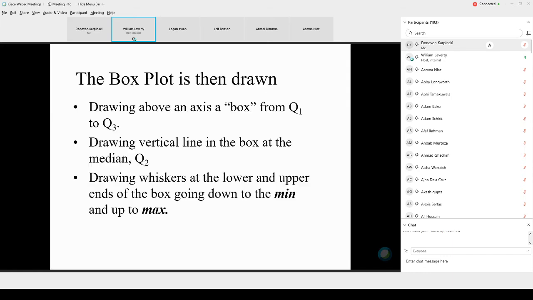Now to draw a box whisker plot, you draw a box going from Q1 to Q3, and in the middle of that box, you draw a vertical line where Q2 is. And then you draw whiskers at the lower end of the box and the upper end of the box going down to the minimum and the maximum. So this is what it looks like.